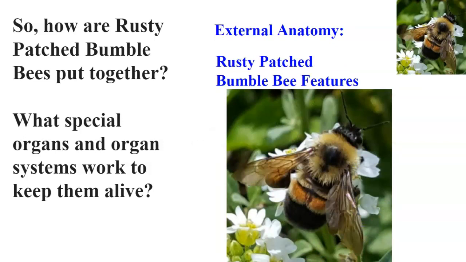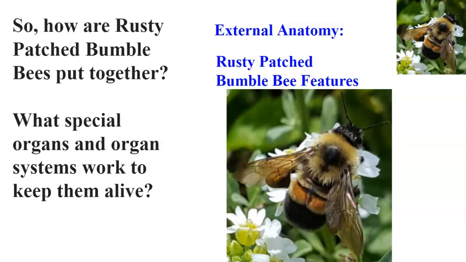So the rusty-patched bumblebee is noted by the middle of its thorax having a little black spot between the wings, and then a little bit of a black V underneath that larger black spot in the middle.